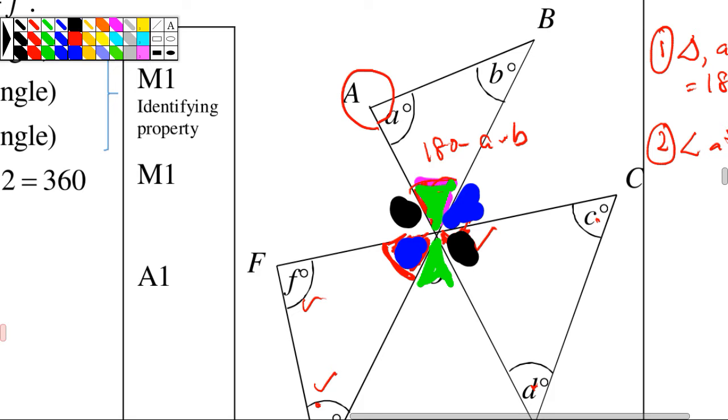If I add this, 1, 2, 3, 4, 5, 6, if I add the same angles together, it is 360. Now you understand? So you must take this plus this plus this plus this plus this plus this equals 360. Then you minus. Or in other words, you can also tell me this plus this plus this gives you 180. Also can.